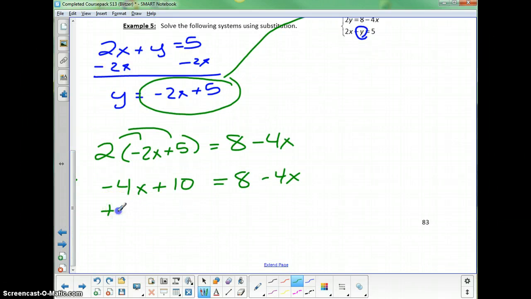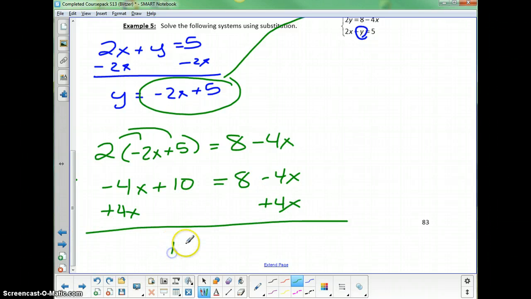Since I have a negative 4x, I'm going to add 4x to the other side. That leaves me with 10 on this side equals 8, since negative 4x plus 4x add to 0x. I don't have any x left. I have a statement that says 10 equals 8. As we know, 10 is not equal to 8, so this should be looking a little bit fishy. This is not a true statement, which means that the answer is no solution.